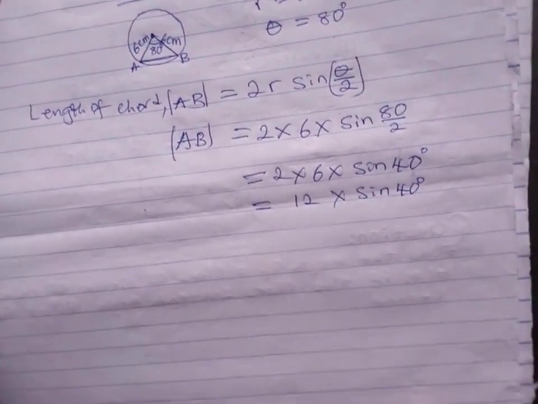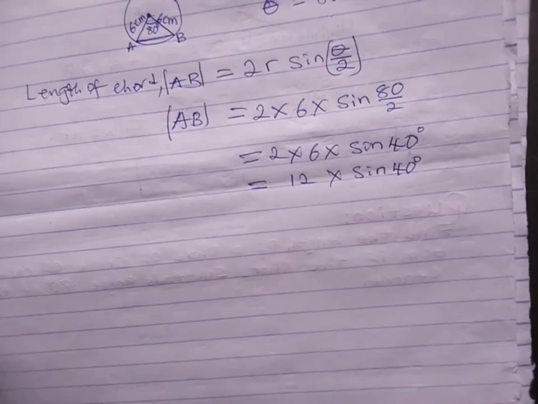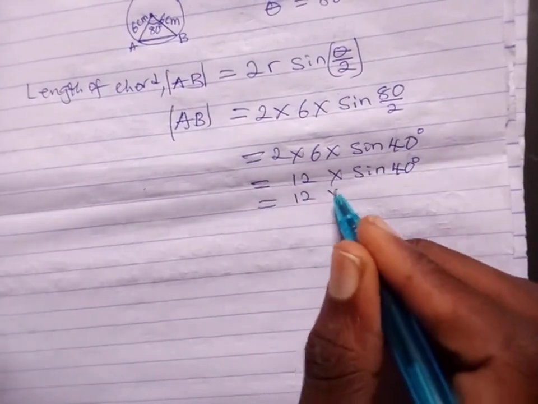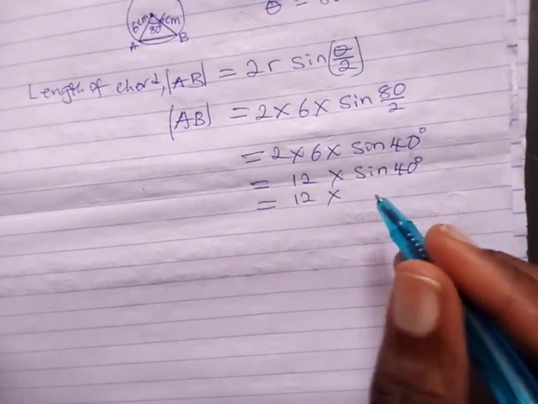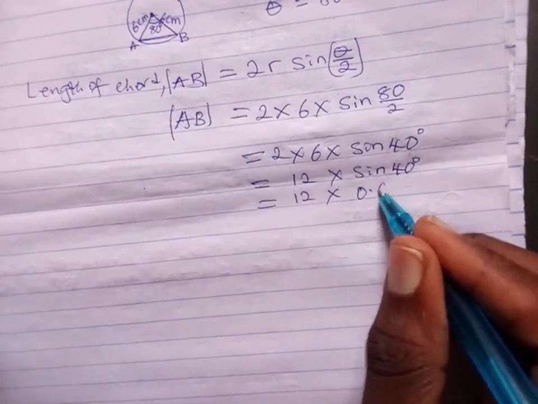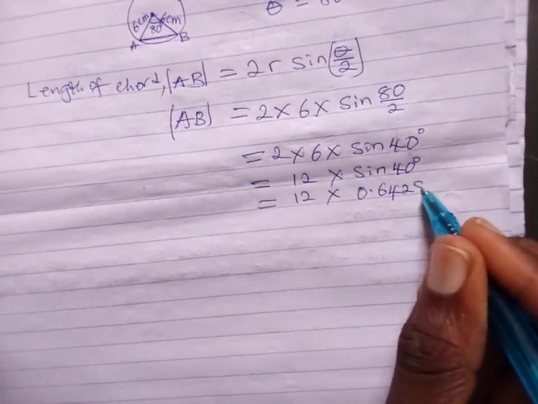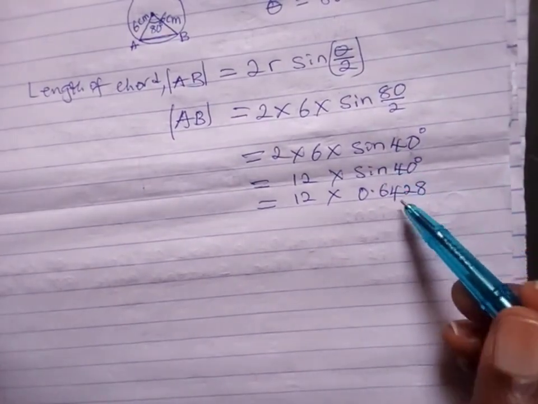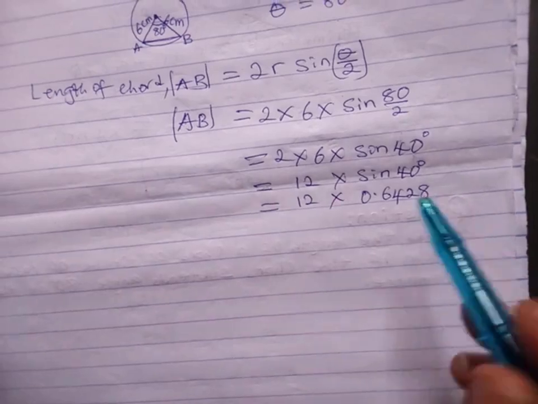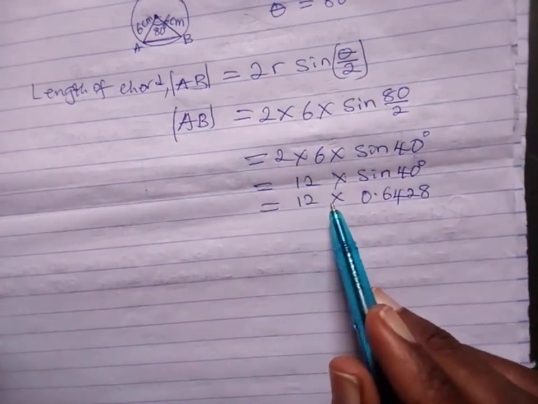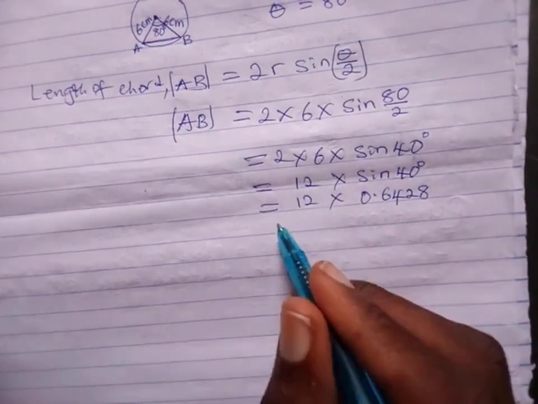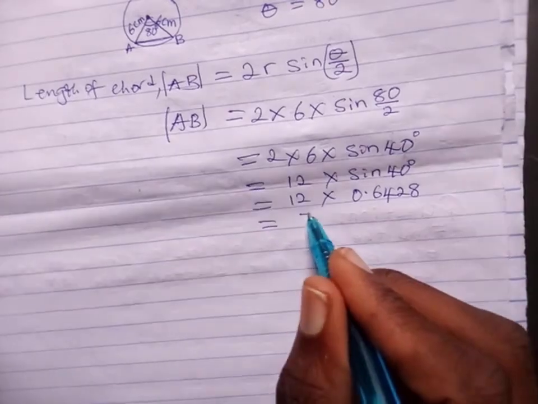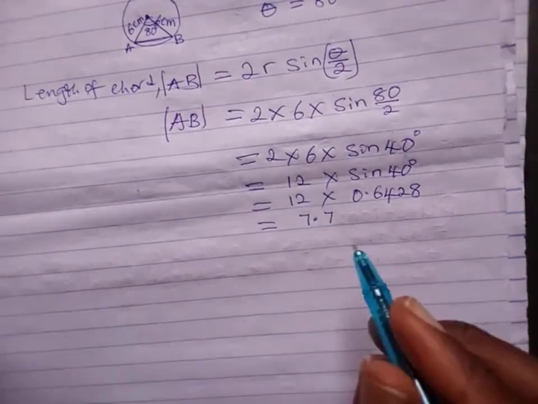So what is sine 40 degrees? With your calculator, you can check it out. Using your calculator, you can get that sine 40 degrees is giving us 0.6428. So now multiply this 12 times 0.6428. When you do that, what you obtain is 7.7.